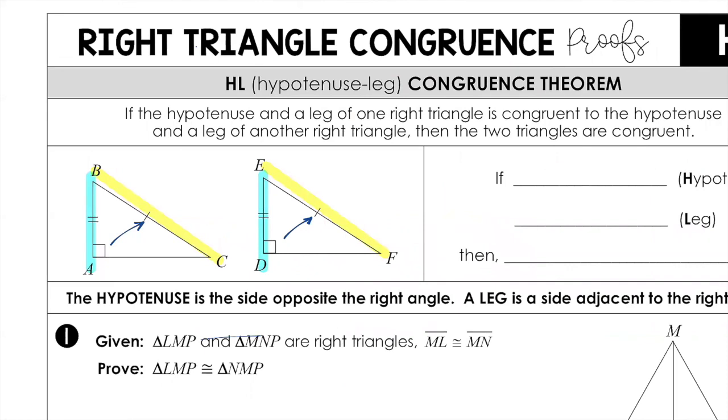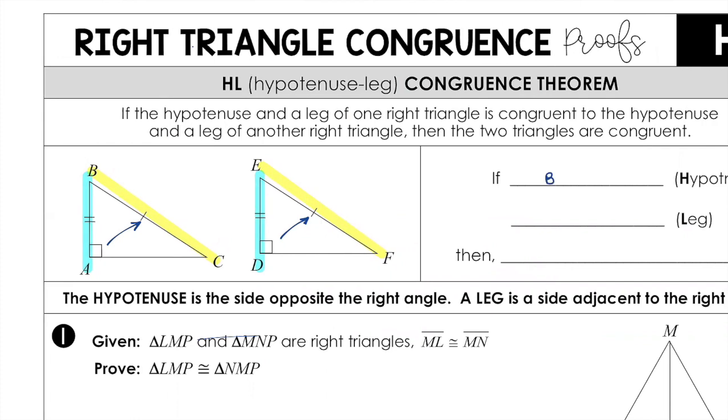So we can write our congruence statement now. As long as our hypotenuse BC is congruent to EF, that's our hypotenuses, and AB is congruent to DE, those are our legs.